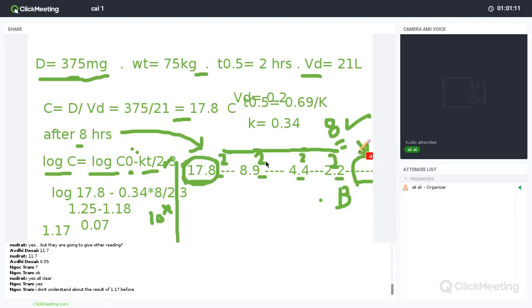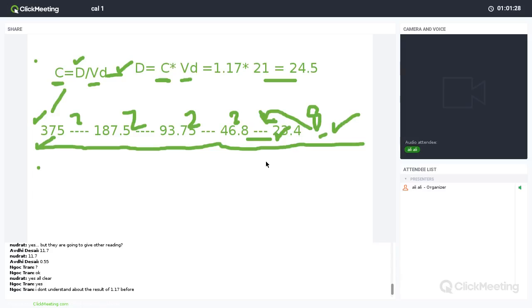We get the 117. Or you can go for the long method, the log method, which is, as I told you, time consuming. You can see it in the record. If you did not get it, I will explain it for you again.